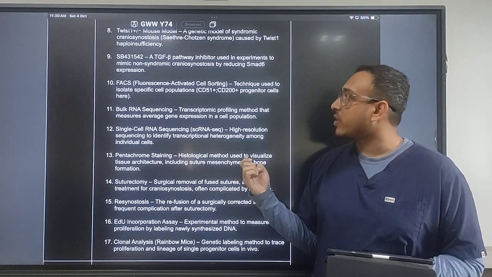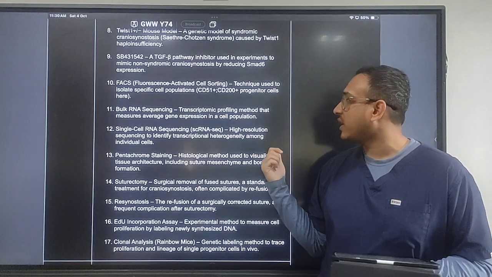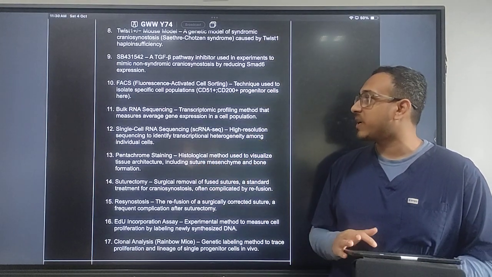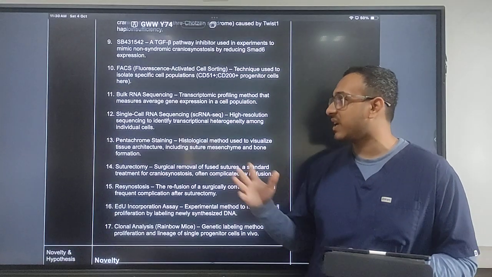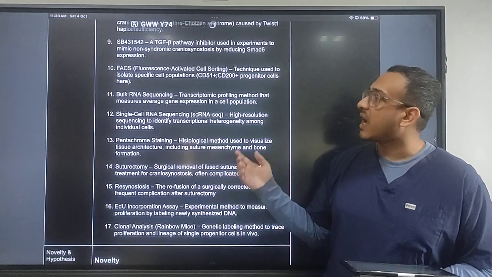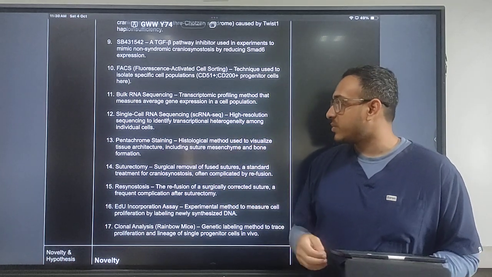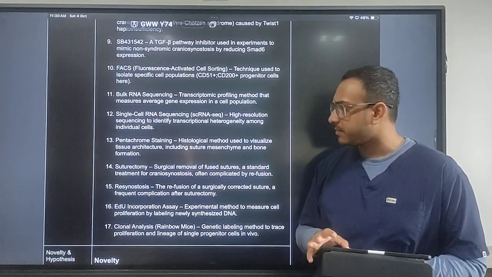The bulk RNA sequencing is a transcriptomic profiling method that measures average gene expression in a cell population, whereas single cell RNA sequencing is high resolution sequencing to identify transcriptional heterogeneity in individual cells.